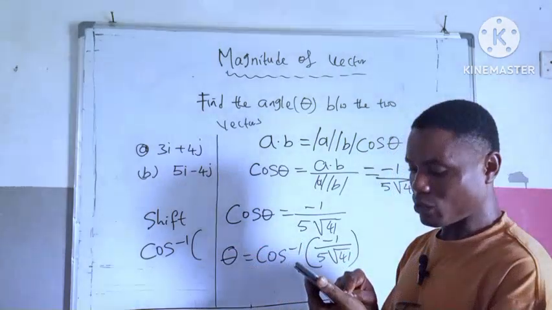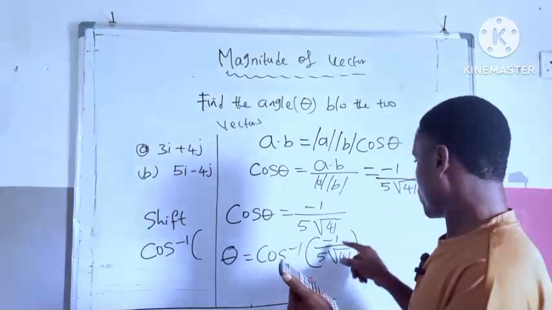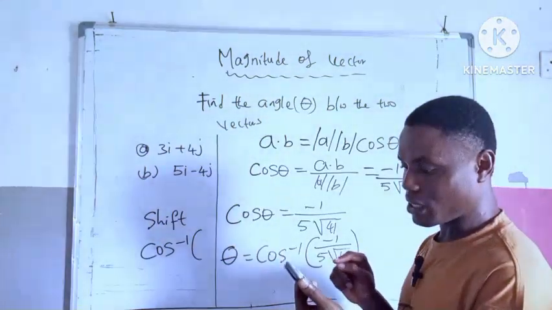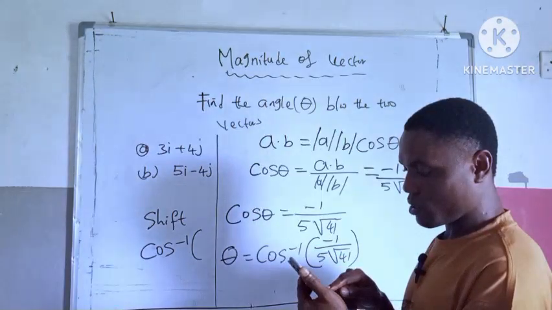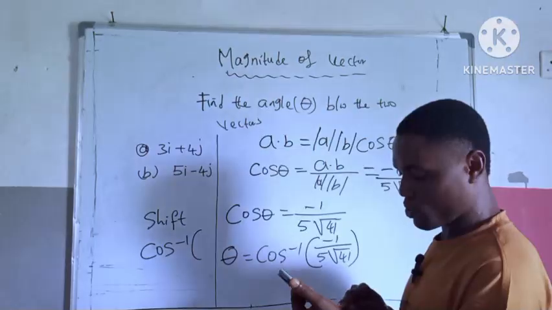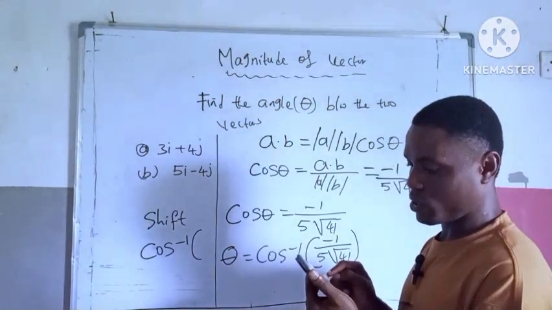Then you now press minus 1, then divided by 5 square root 41, equal to.